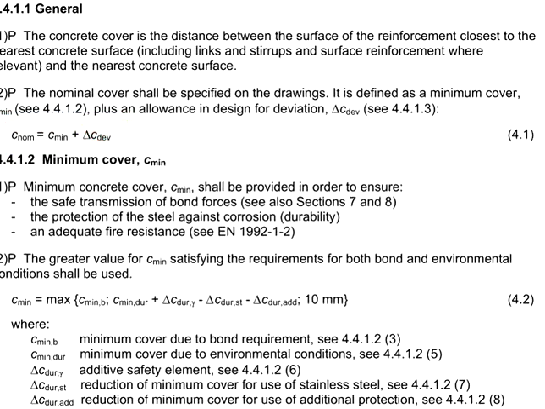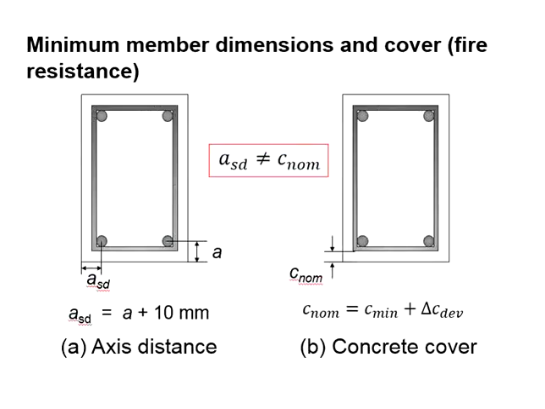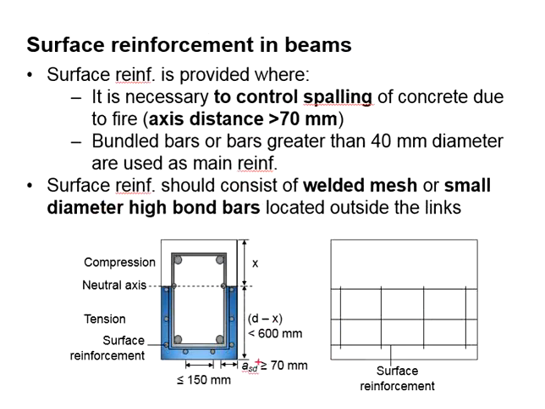In total, 65 mm. Let's say now your Cnom based on the calculations is 65 plus the size of the shear link and plus half of the steel bar. It may give you an equivalent axis distance more than 70 mm. In this case, you should provide the surface reinforcement bar.